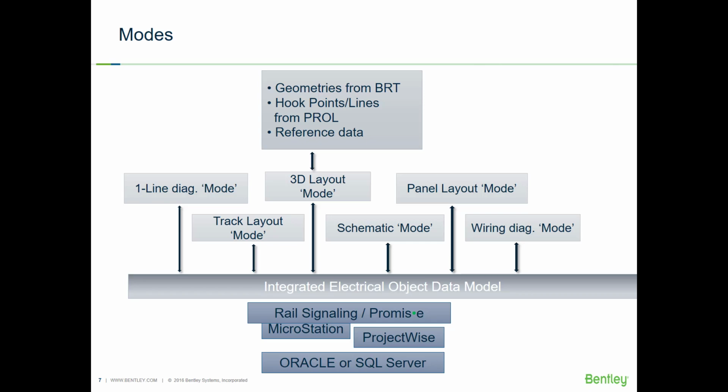If we place down a component in one of the modes, that component will only be stored once in the data model, but we can view the same component in a different mode. The components can be represented as a 3D model or a 2D symbol or a combination of both.